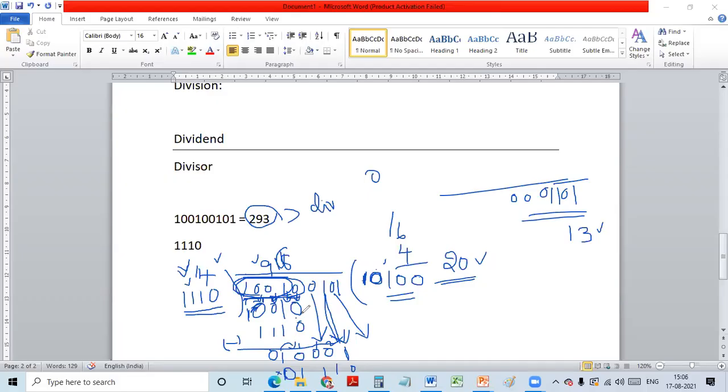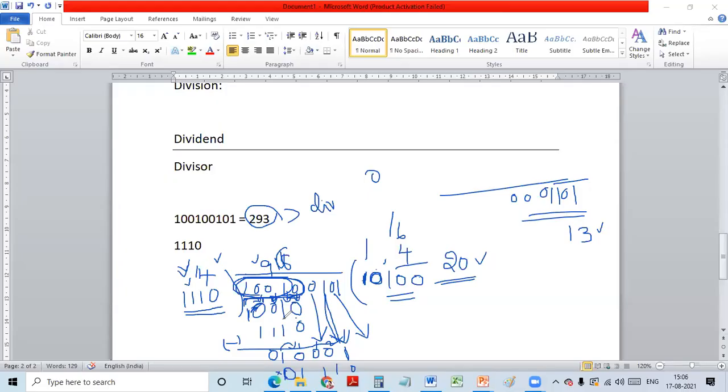It doesn't know until it has subtracted. So initially it will take one time of the divisor, 1110, and perform the subtraction. If the subtracted result is negative, it means that the dividend portion we have taken is lesser than the divisor. So I have to take one more digit and shift the divisor right side, and then perform the subtraction. That is the procedure you have to do. Am I clear?